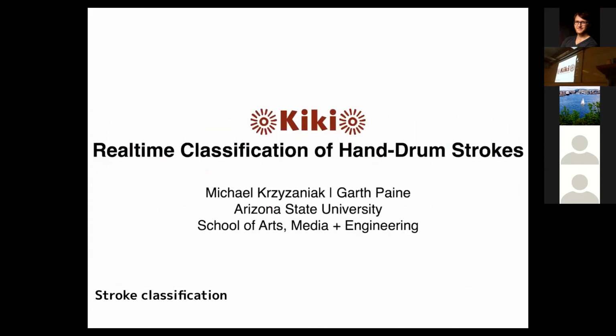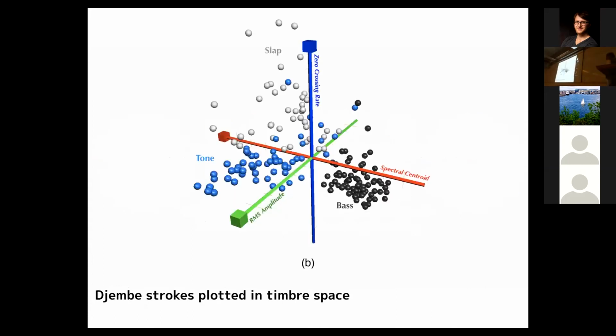But having said that, because we have this kind of feature space, the robot actually can learn how it should strike the drum to produce a particular sound. Suppose that I play a stroke on the drum and that stroke ends up here.